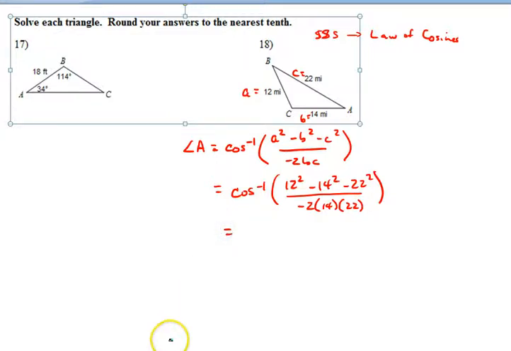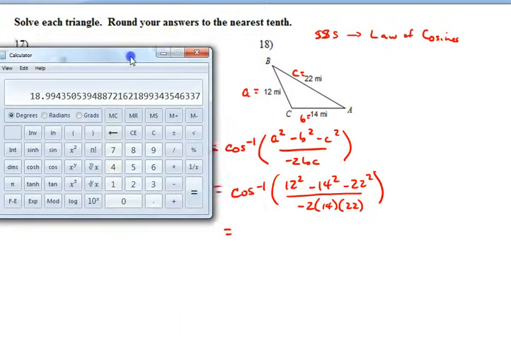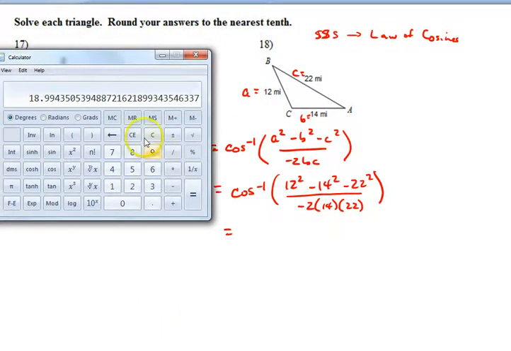So when I do this, bring up my calculator. Clear out the last problem. 12 squared minus 14 squared minus 22 squared equals, that's the numerator, divided by negative 2, divided by 14, divided by 22 equals. That's all that stuff in the parentheses.